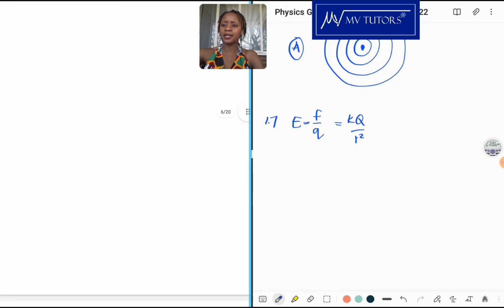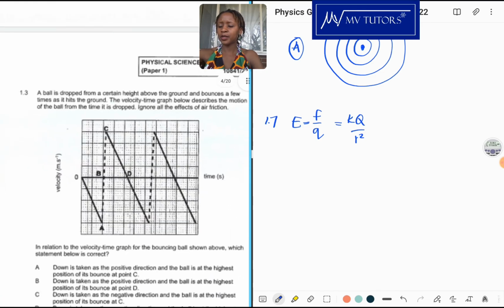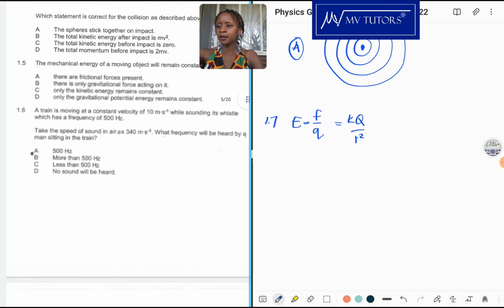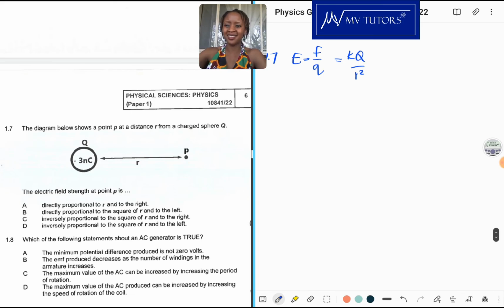Now what are they asking us? Okay, 1.7. The electric field strength at point P is directly proportional to R and to the right. Okay, now let's determine direction.